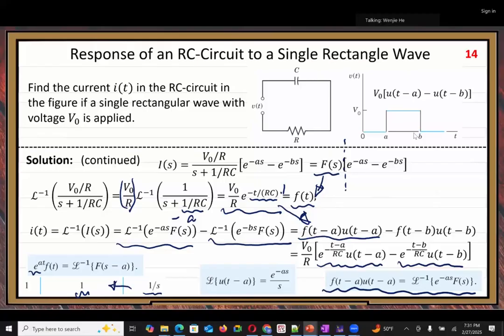After that, you need to be familiar with two shifting theorems. Then you also need to be familiar with the derivative formula of the Laplace transform and the integral formula of the Laplace transform.